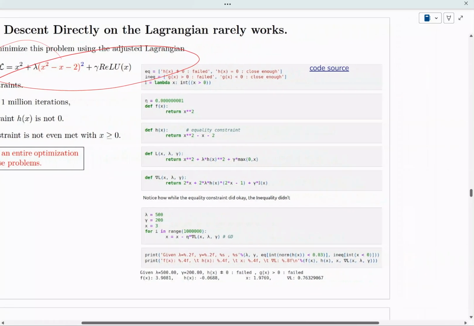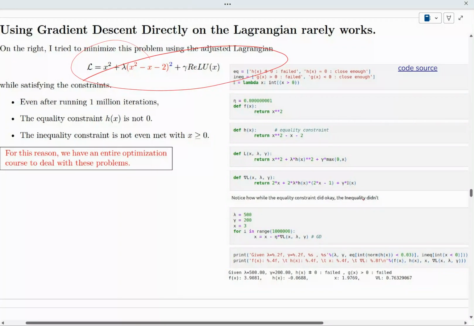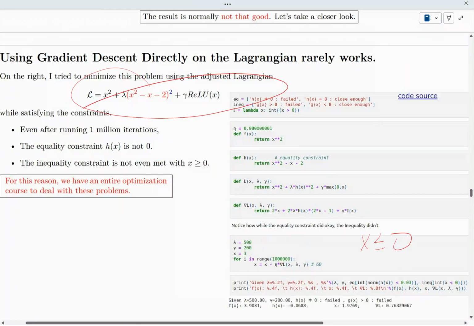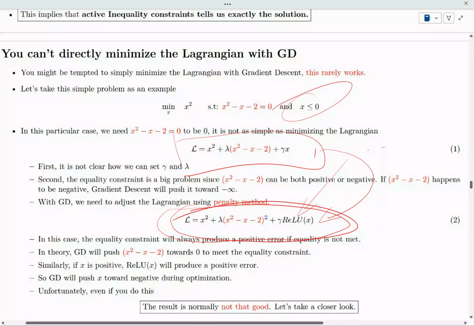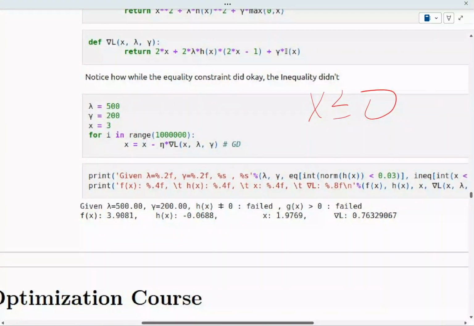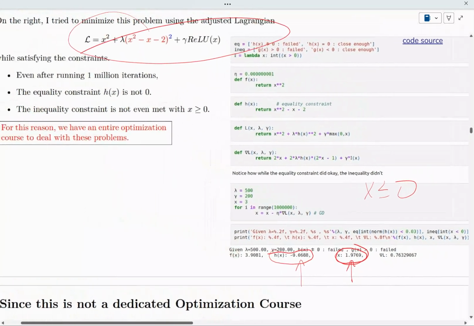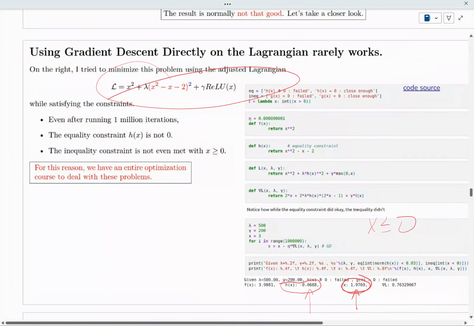In the very end, remember x is supposed to be less than 0, right? However, even when you run gradient descent a lot, notice that x is not less than 0 and h is supposed to be equal to 0 and it's still not. So inequality constraints using gradient descent is not the way to go.